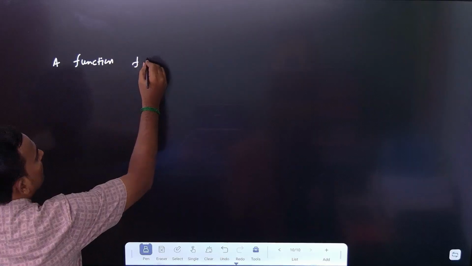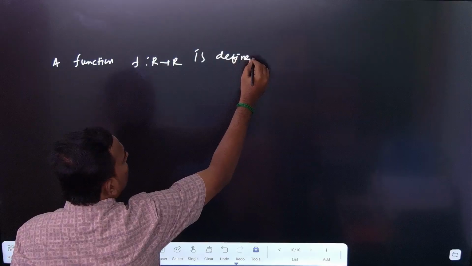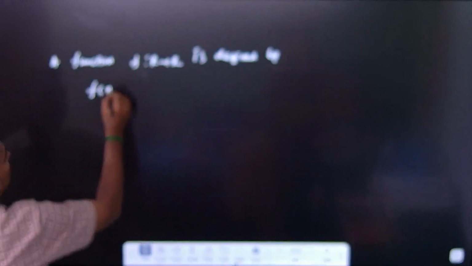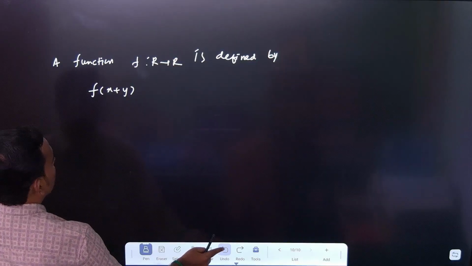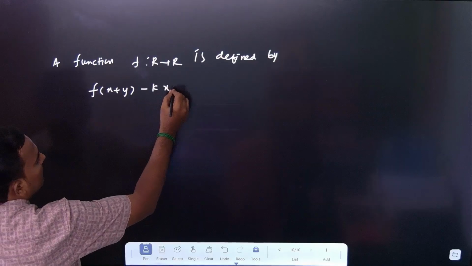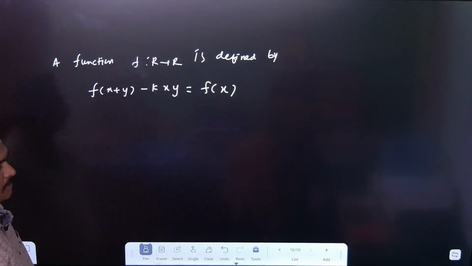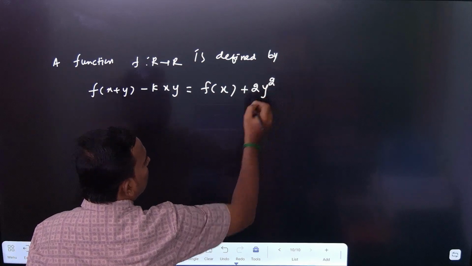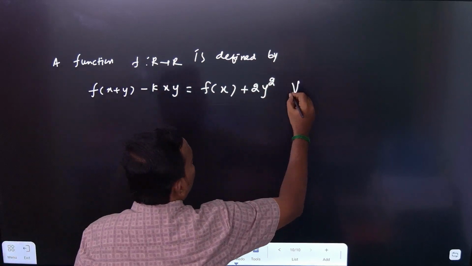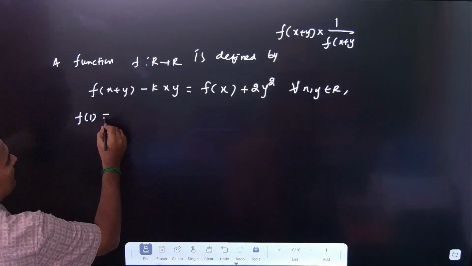A function f from real numbers to real numbers is defined by f of x plus y is equal to f of x plus y minus k times xy equal to f of x plus 2 times y square, right, for all x, y belonging to real numbers, and the condition f of 1 is equal to 2 is given.